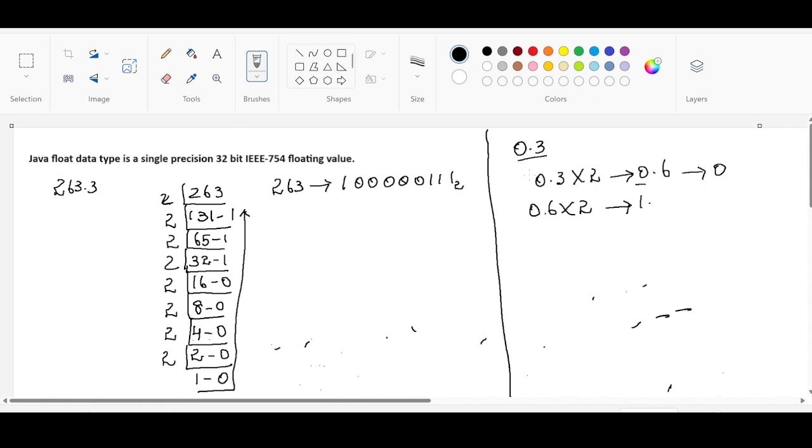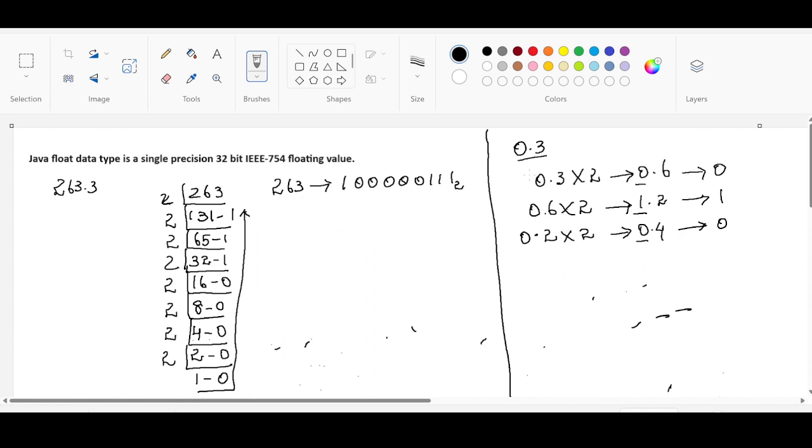We get 1.2. All the whole number part needs to be extracted. This time the resultant value is 1.2, but we don't take 1.2. We ignore the whole number part and take 0.2. Again, 0.2 times 2 gives 0.4, and the whole number part we extract is 0.